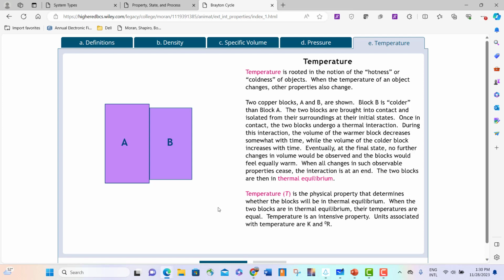And then again, temperature is a physical property that determines whether the blocks will be in thermal equilibrium. When the two blocks are in thermal equilibrium, their temperatures are equal. Remember, temperature is an intensive property, and again, we're going to measure that in Kelvin or Rankine. Okay, hopefully these were helpful.